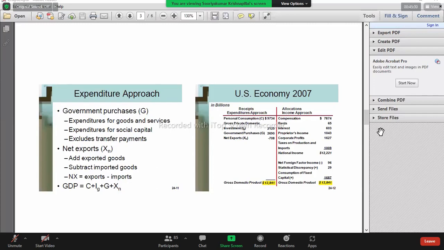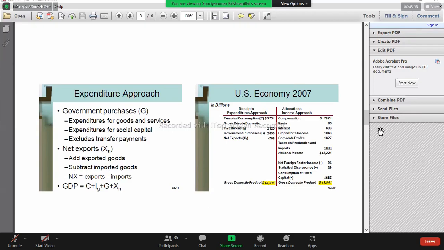We should include it because in the expenditure approach, in gross private domestic investment, we didn't count depreciation. So to balance both to be equal, in the income approach we should add that depreciation, because in the expenditure approach we didn't deduct depreciation.